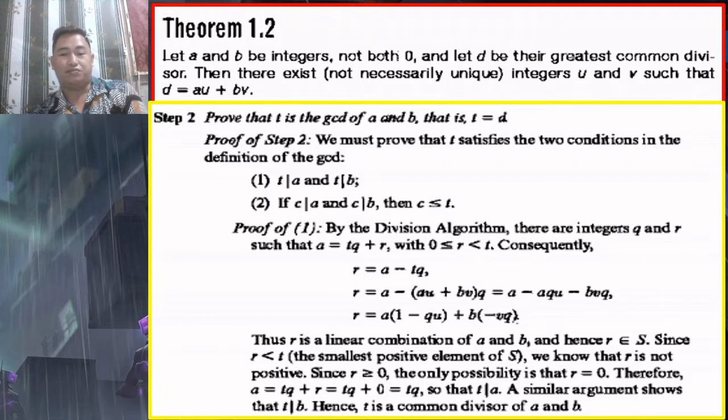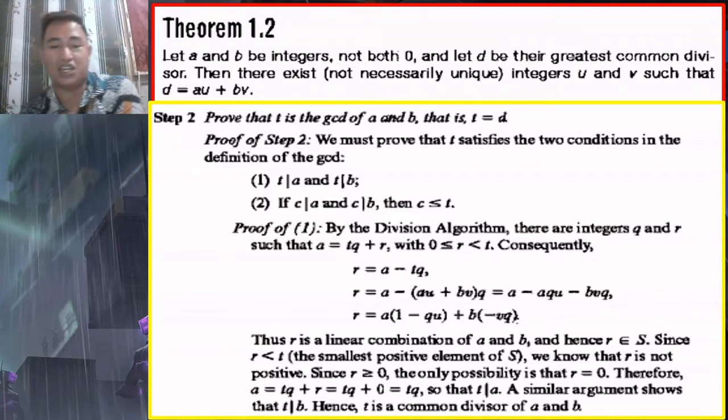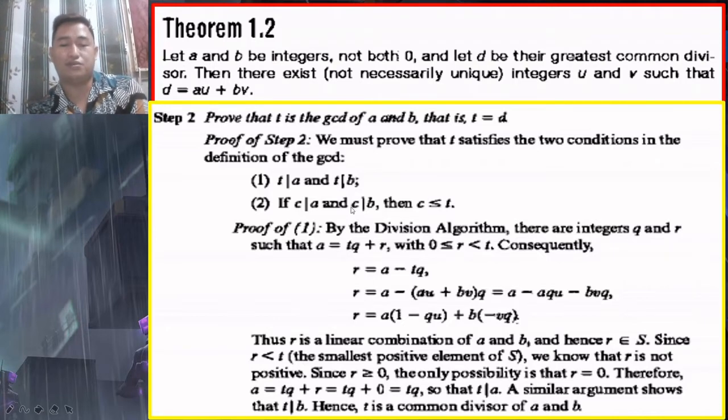Ngayon lang sa itong gamiton. A is equal to TQ plus R, with ang R kay in between sa 0 o sa T. Pwede siya ma-0. So, 0 less than or equal to R, less than T.